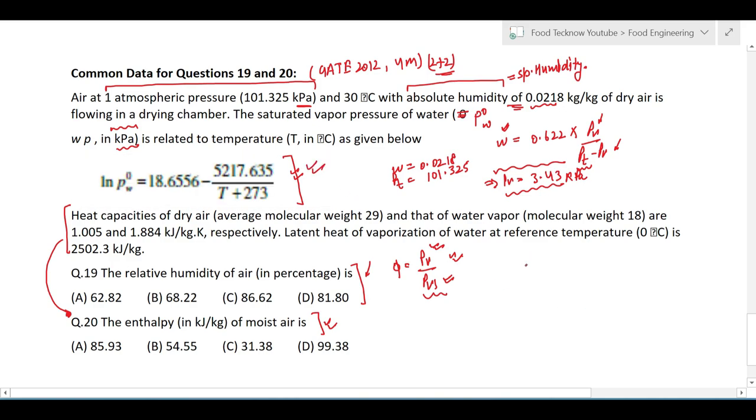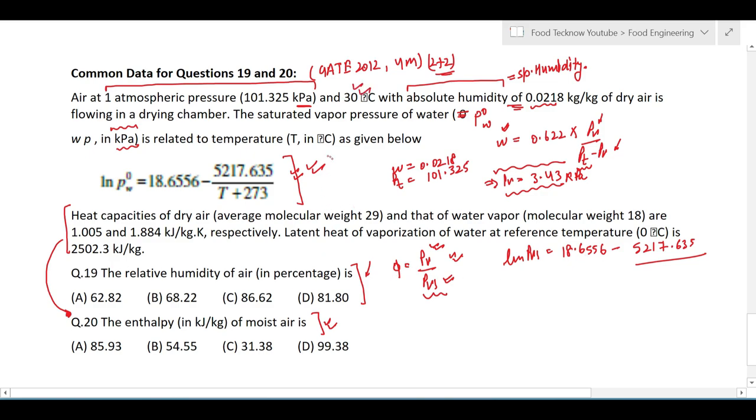So the PVS, ln of PVS is equal to this 18.6556 minus 5217.635 divided by T. So what is T here? T is 30 degrees Celsius, so it is given here.